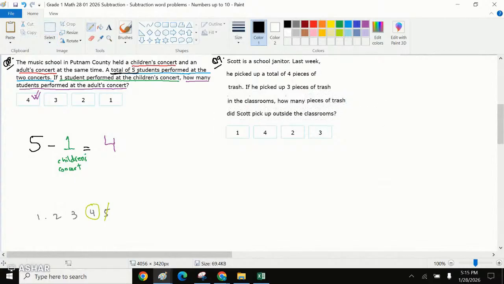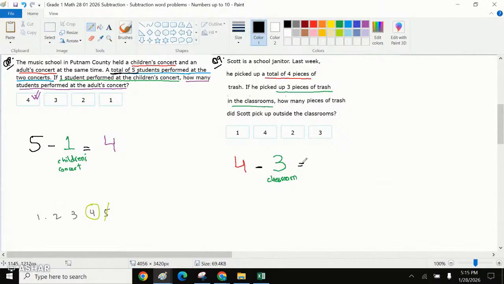So he picked up a total of 4 pieces. That means the total was 4 minus, if he picked up 3 pieces of trash in the classroom. So 3 pieces of trash were picked from the classroom.